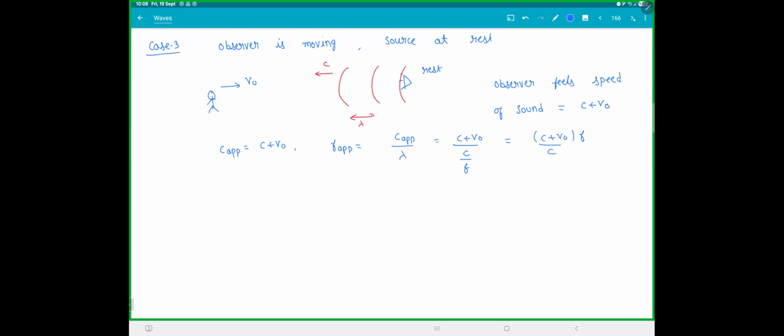Again, you'll hear more frequency. But remember, the reason why frequency changes is different now. Whenever the observer moves, the speed of sound gets affected, and that's where the frequency gets messed up. So they're affecting different quantities. Same thing if he goes with V naught this way and the source is at rest.